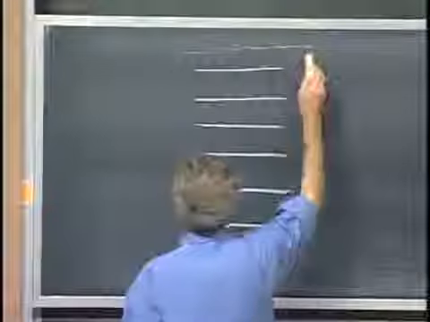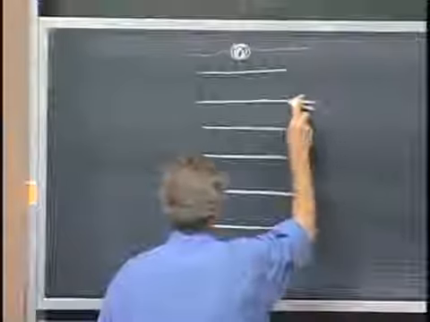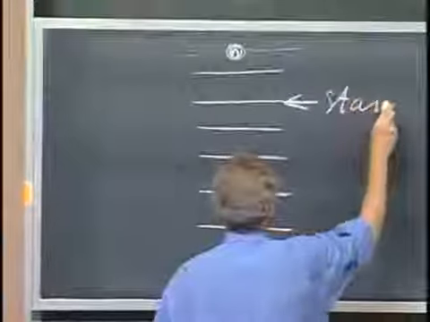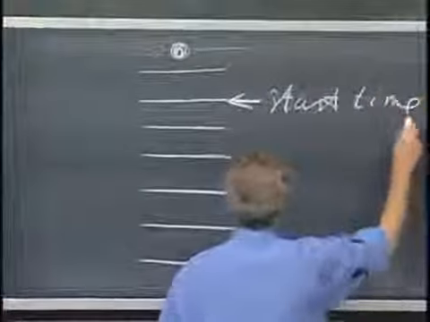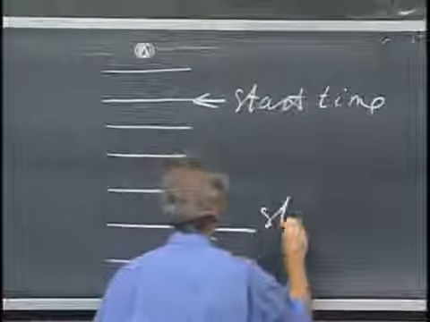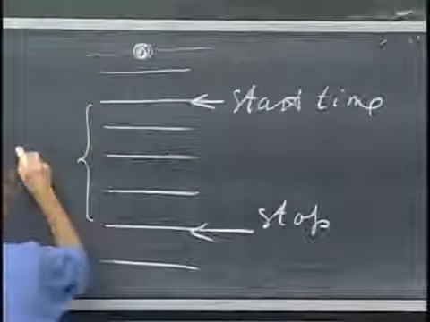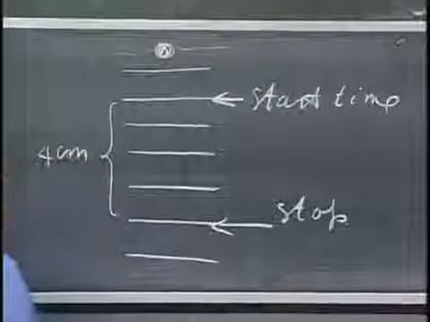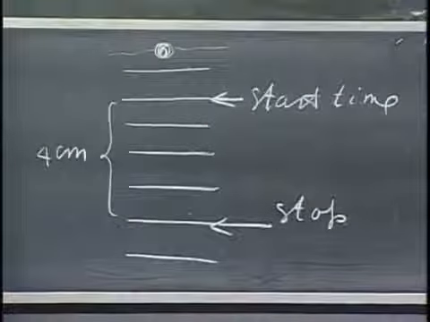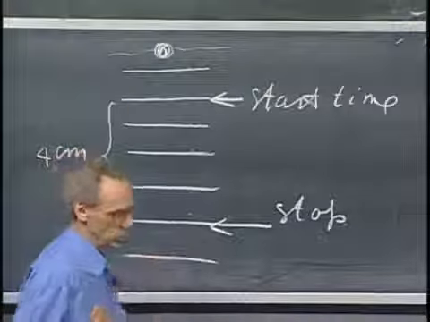So here is the liquid, and the ball bearings are dropped from above. When it reaches this line, I will start my timer. And when it crosses 1, 2, 3, 4, when it crosses this line, I will stop my timer. And each mark is about 1 centimeter apart, so this is a journey of about 4 centimeters. And we will measure the time that it takes to go from here to here.